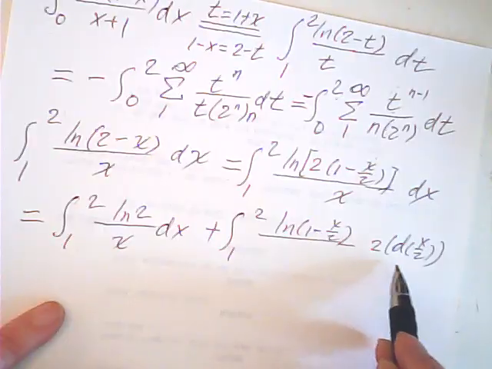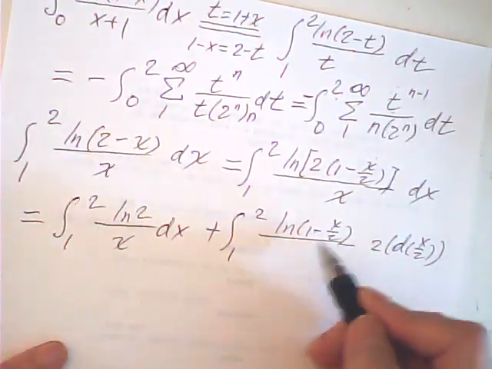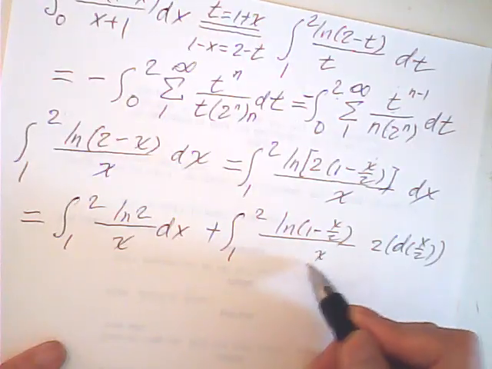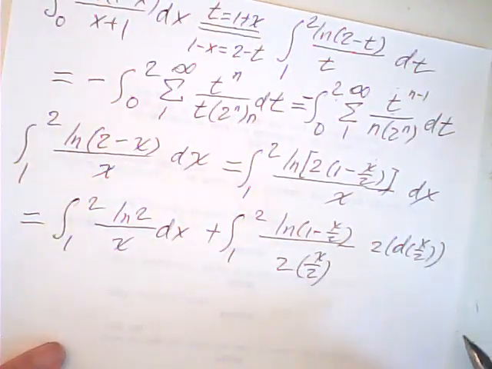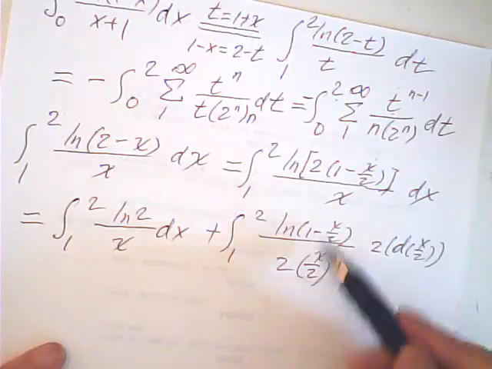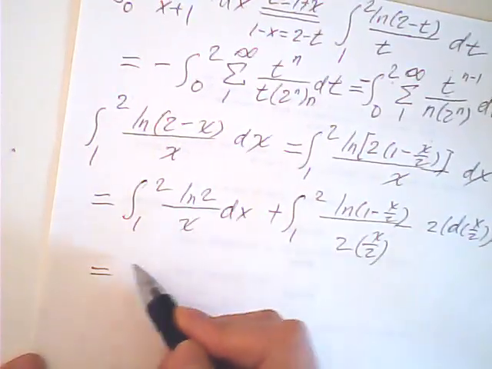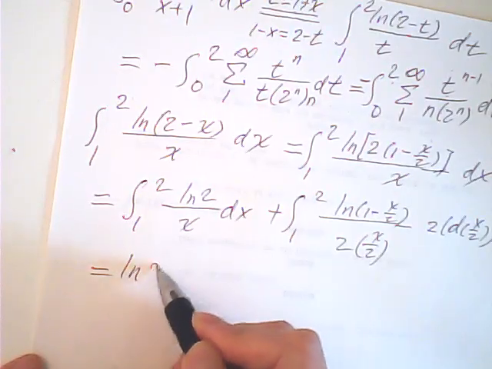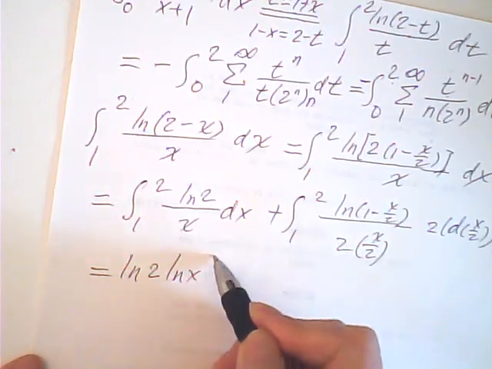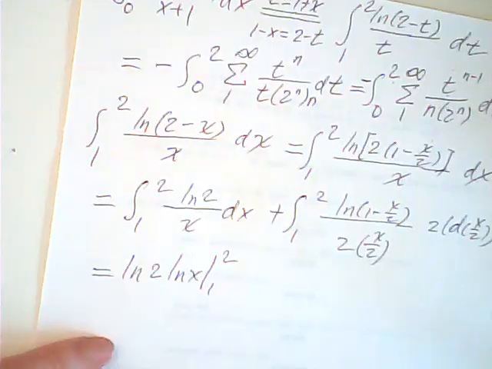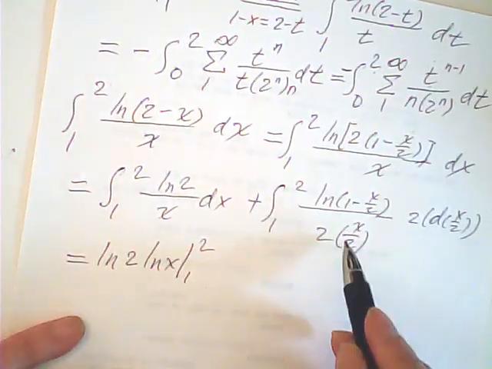Yes, I'm allowed, right? This is the same thing, dx. And I write x as a half x times 2. Yes, they are the same. So they're equal. Now this one is equal to log 2 times log of x from 1 to 2, right? That is easy.